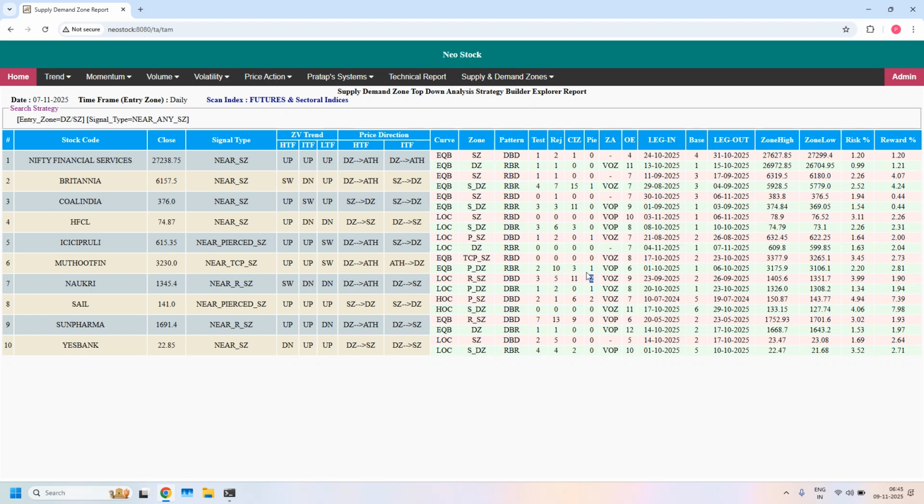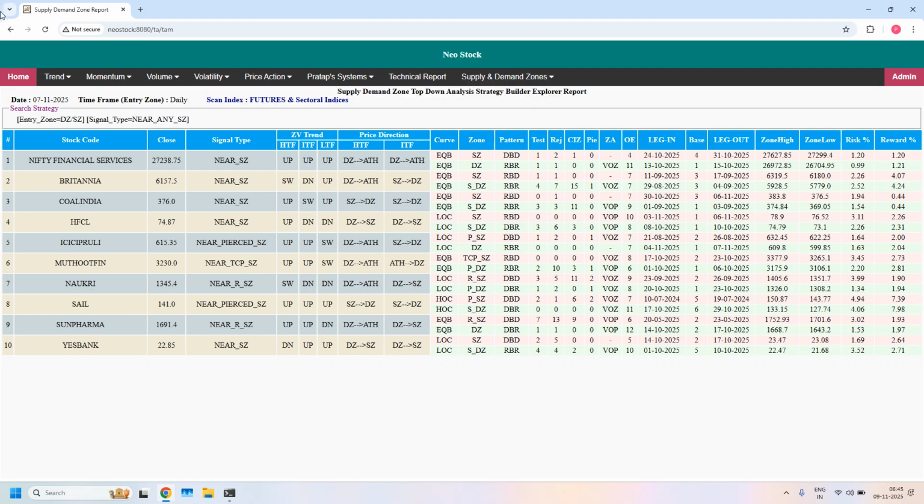Naukri is not valid because it is a pierced zone. Those who would like to use pierced zone strategies that you learned in lesson 28, maybe they can use this zone. Sun Pharma is having a daily high liquidity supply zone. So total we got 2 daily high liquidity supply zones from this list.